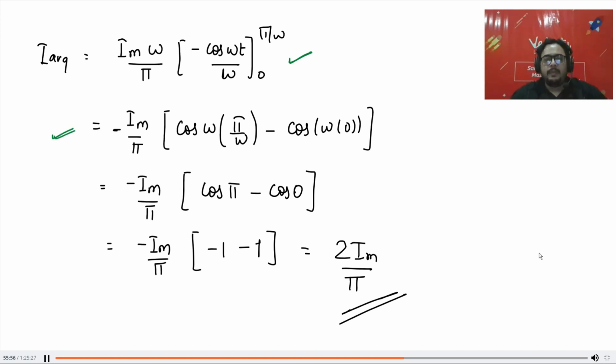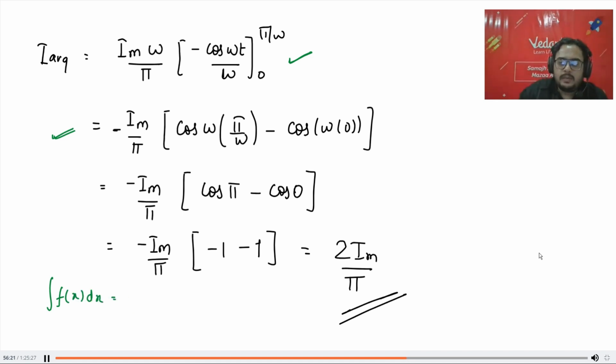Do you know integration? I don't think you know integration. So integration of any function, let me say f(x) dx, is g(x).